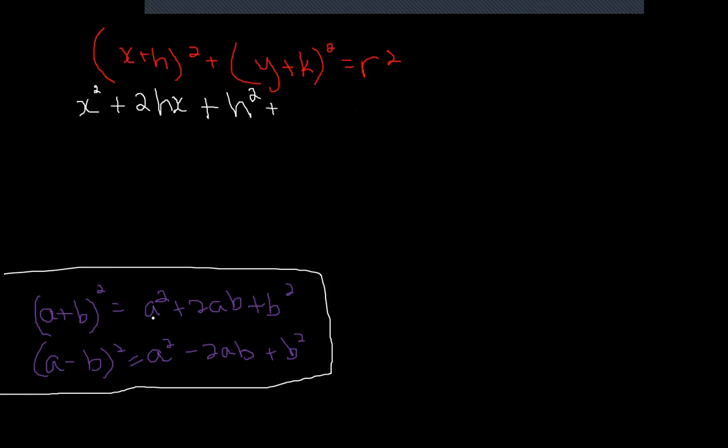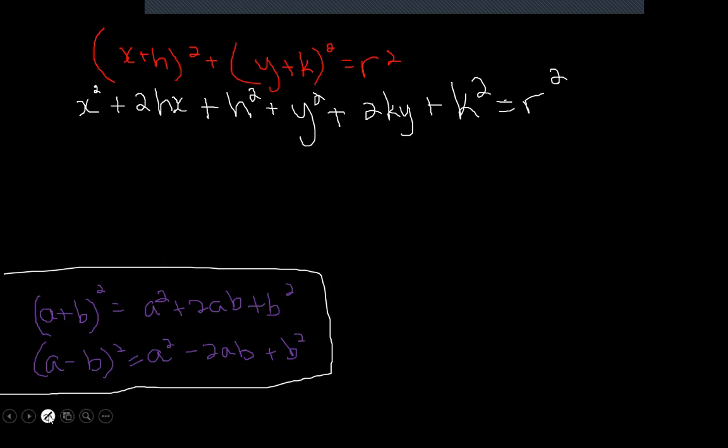Plus a is y, so y squared plus 2ab, where a is y and b is k. So that's 2ky, plus b squared, and b is k, so k squared. In this case it is equal to r squared.